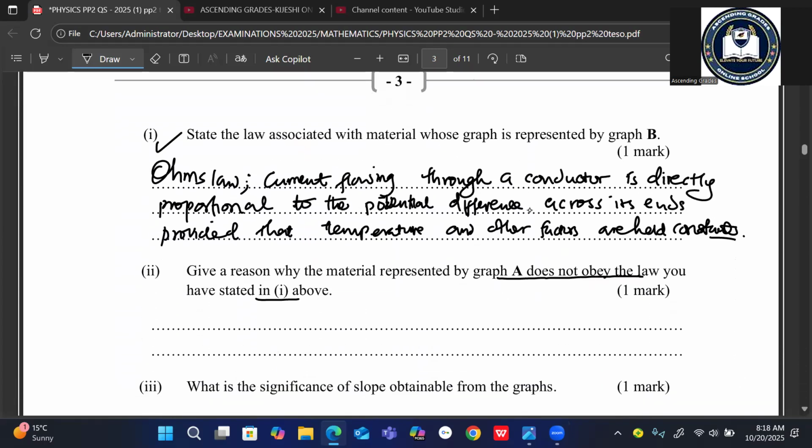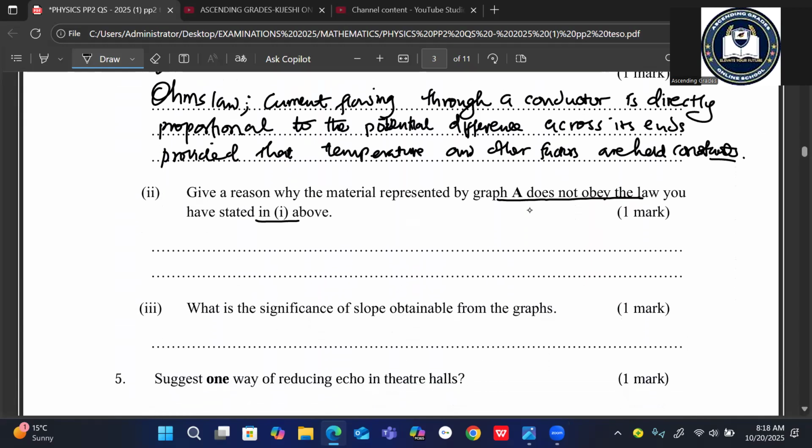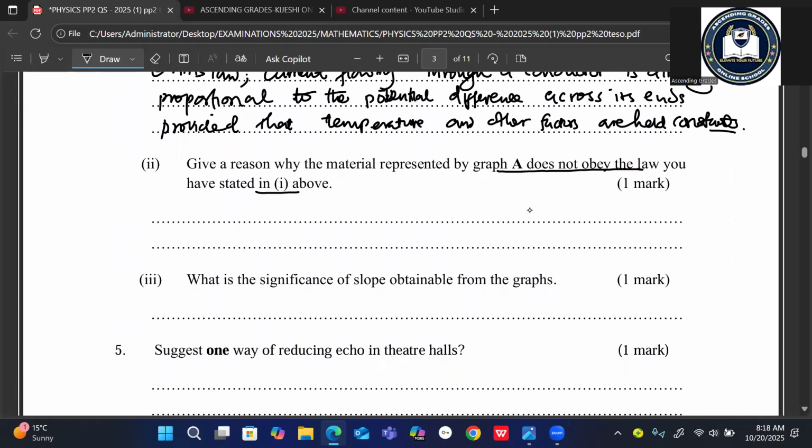Therefore, we can say the potential difference and the current are not directly proportional.